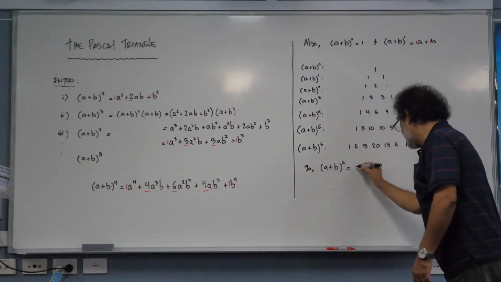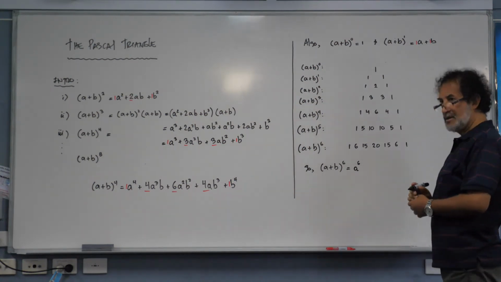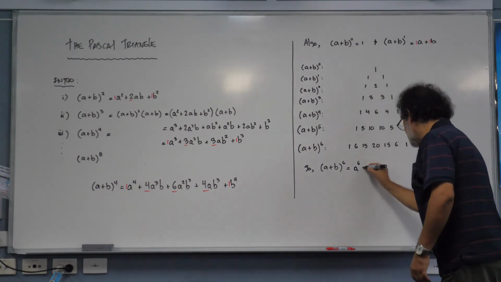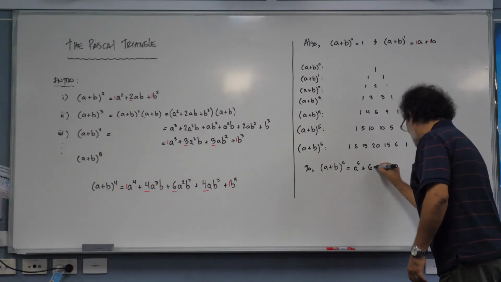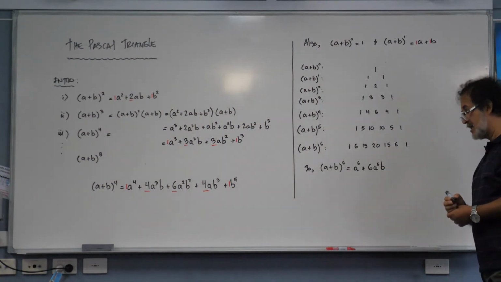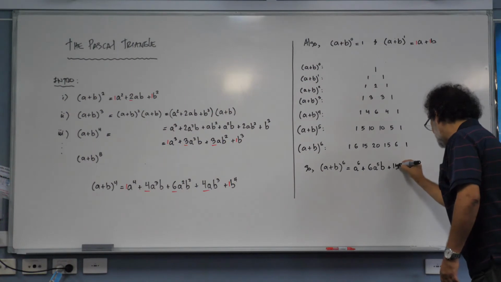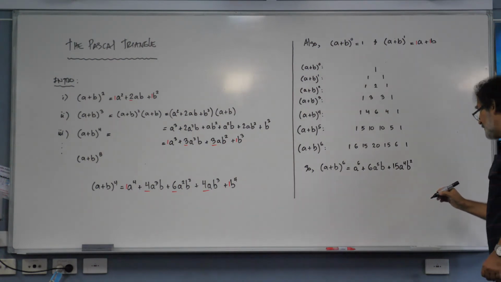The first one is a to the power of 6. The next one is going to be, you tell me, 6 a to the power of 5 b. That's correct. The next one is going to be 15 a to the 4 b squared.